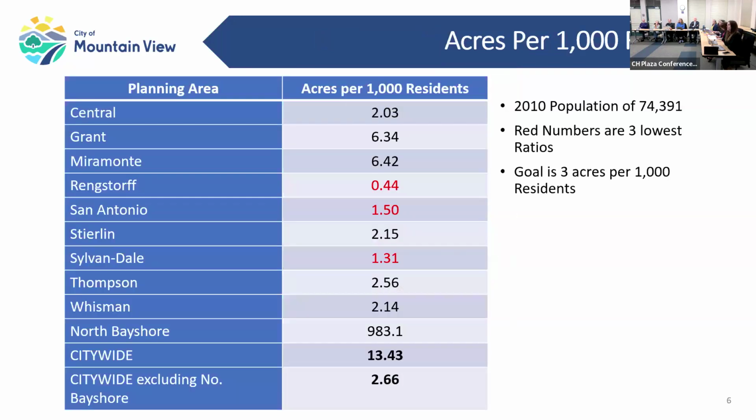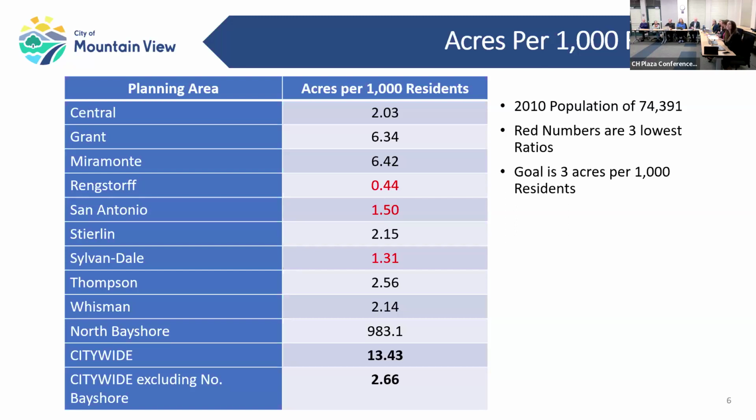So this is an overview of our acreage by planning area. So again, highlighted in red are the areas that have the lowest acreage per 1,000 residents. This is based on 2010 census data. So through the Parks and Rec strategic plan, we will be updating this with 2020 census population data. So these numbers might change a little bit. And then also this table does not include the recently acquired parkland and the future park sites that Angela mentioned in her presentation.